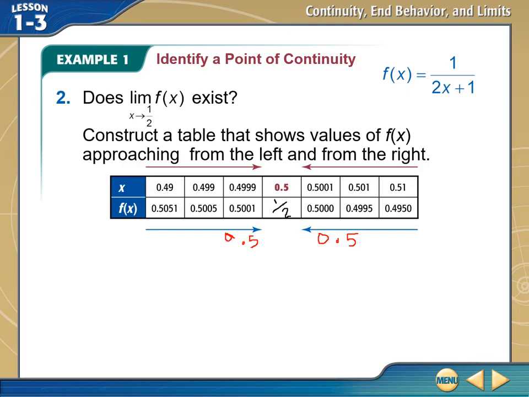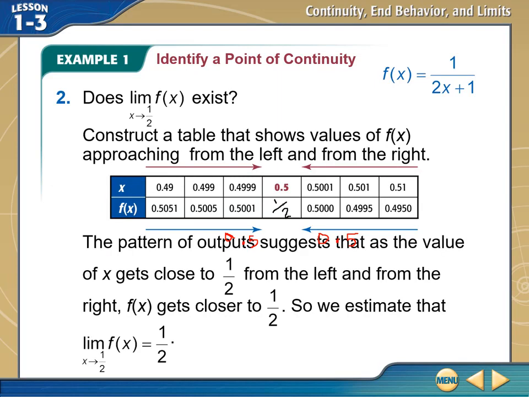So I'm trying to think with you about step number 3, that f of 0.5 is equal to the limit as x approaches half. Again, so what shall we say? Here it says the pattern of output suggests that as the value of x gets closer and closer to half from the left side and from the right side, f of x is getting closer and closer to half.